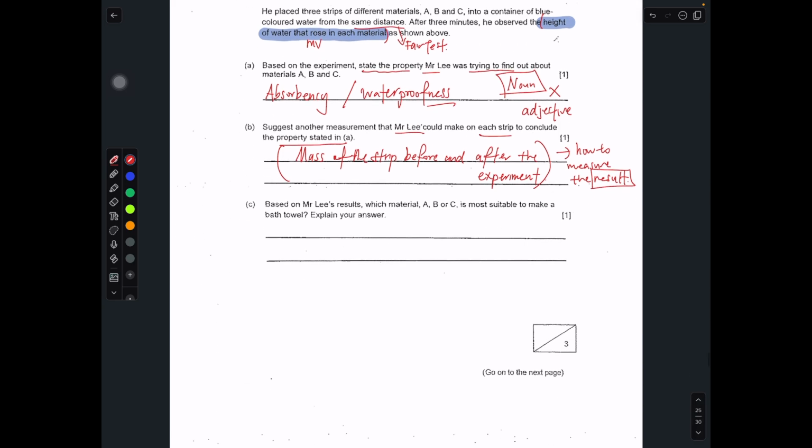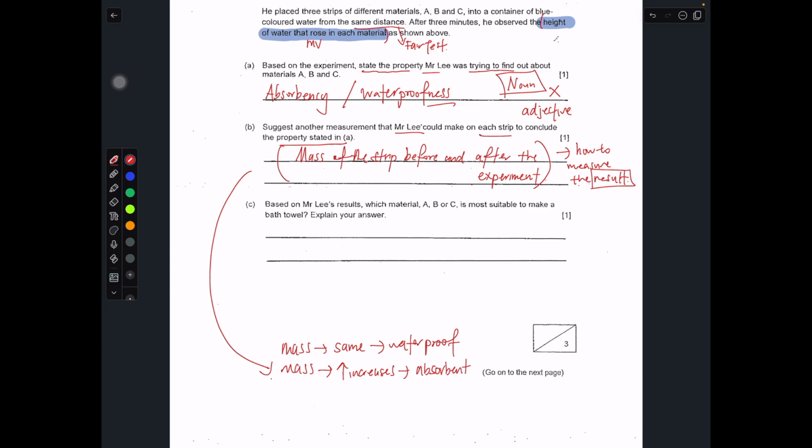So let me give you this example. So if the mass remains the same, this means that the material is waterproof. Okay, so if the mass increases, it means that the material is absorbent. It absorbs water to a certain extent.